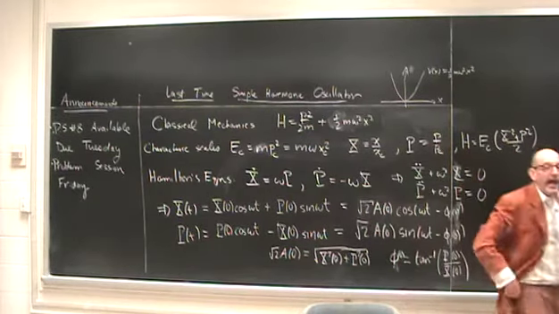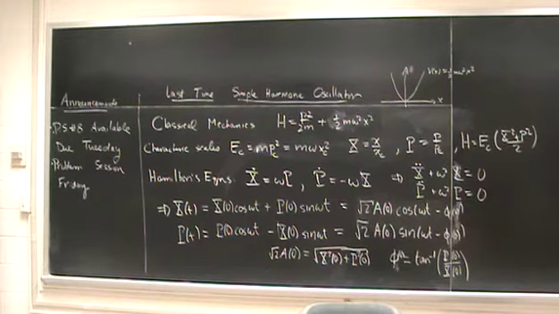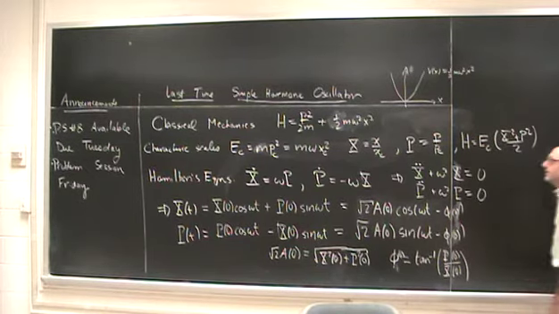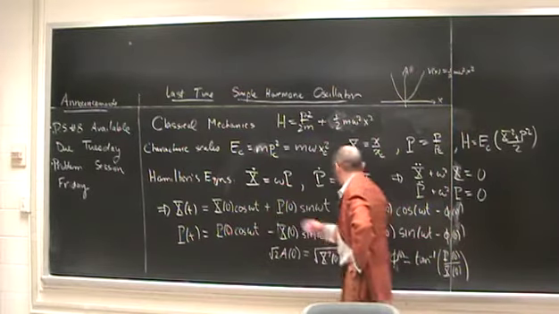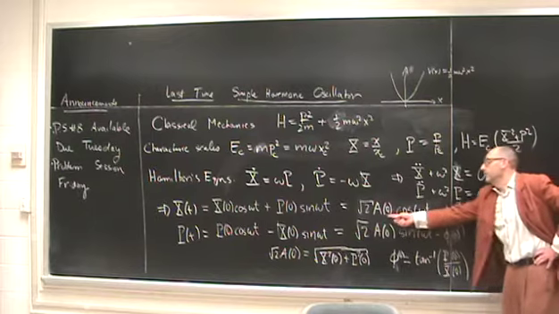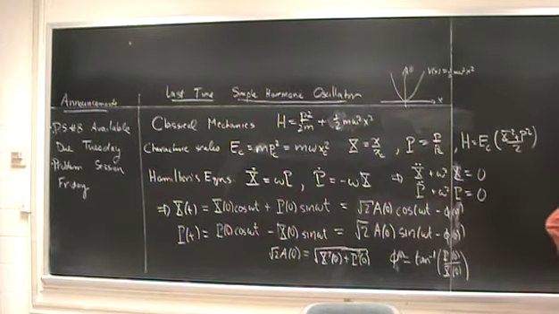Each one of those canonical variables, the position and momentum, satisfies the simple harmonic oscillator differential equation, whose solution I've written here in terms of initial conditions. The initial condition for the position and the momentum, or I can think about it as the initial amplitude and the initial phase of the oscillator.